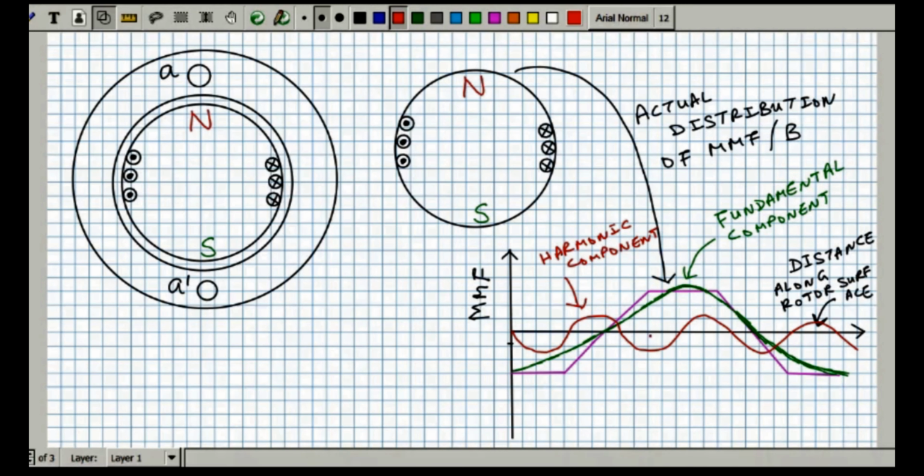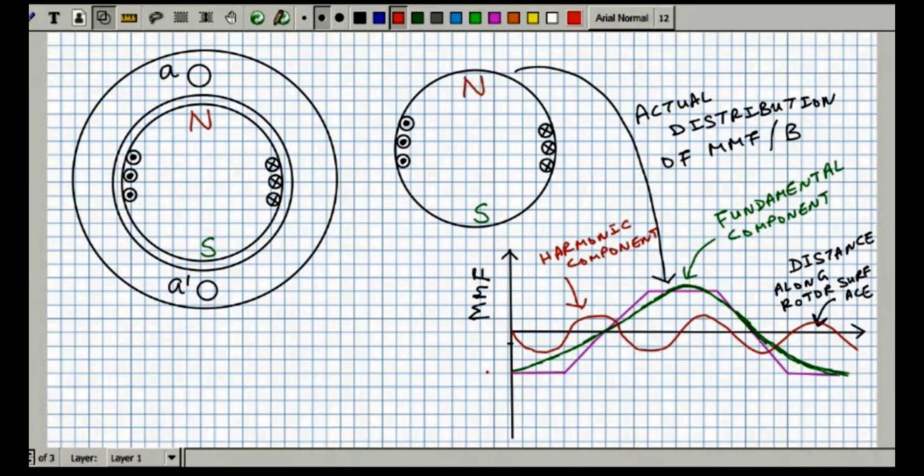So it is not like you will have only one harmonic component. No, there will be theoretically an infinite number of harmonic components, but we are not going to deal with all of them. Maybe up to the 7th or 11th or 13th harmonic is present. Higher orders than that are also present, but their magnitude is going to become very negligible.